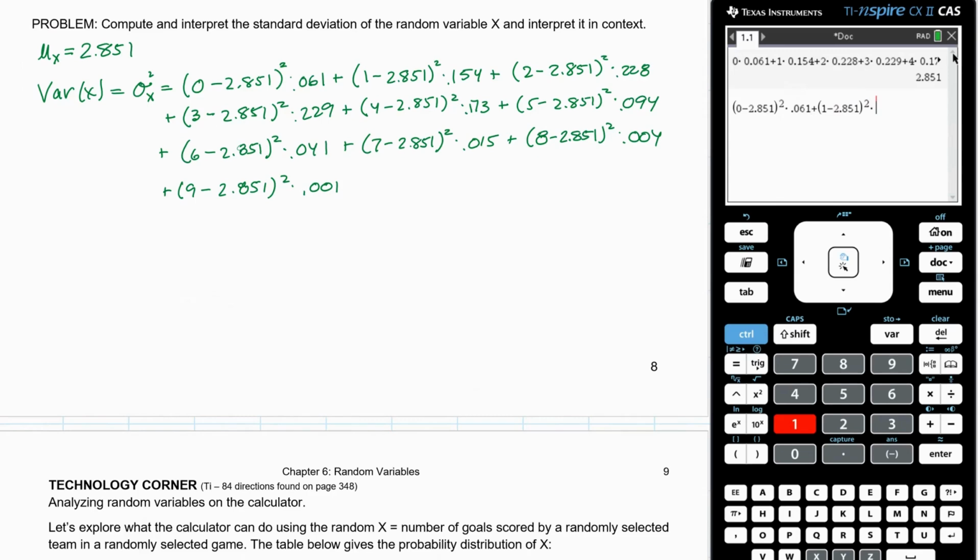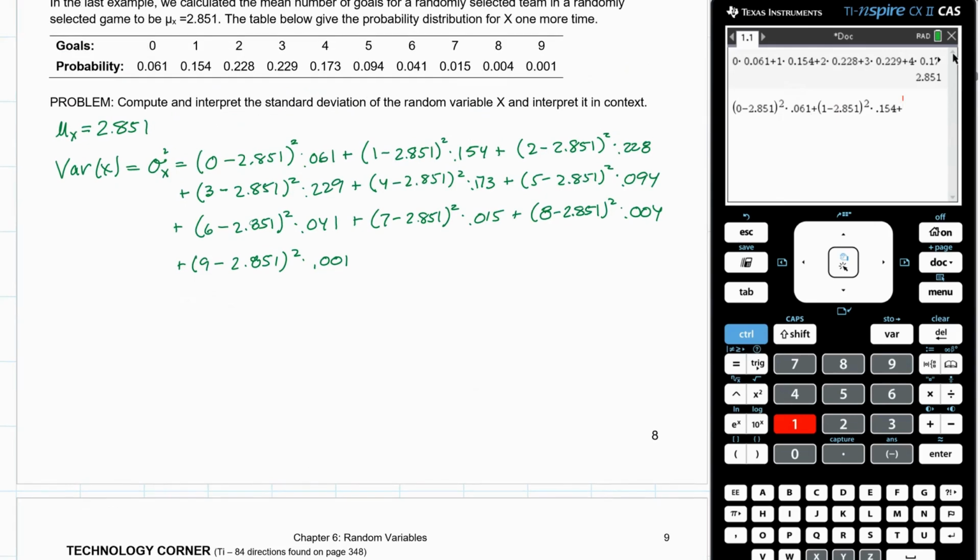Times the probability. And okay, 2 down. Make sure I can see the next line. So this is going to be, oops, did it again. Get back over here onto 2. Oh, got an extra decimal place there. Let's get rid of that.